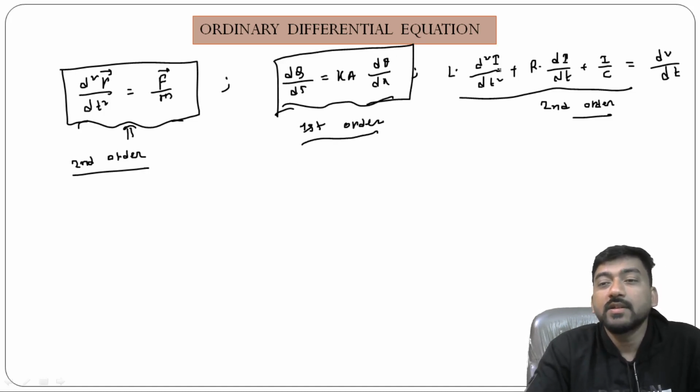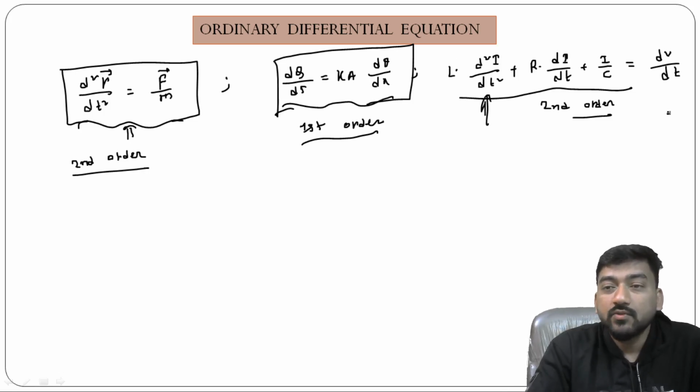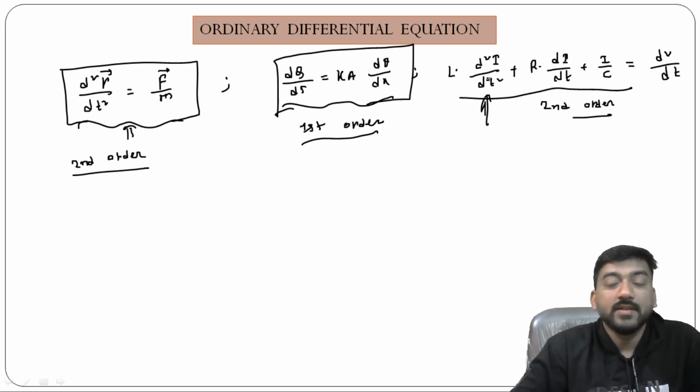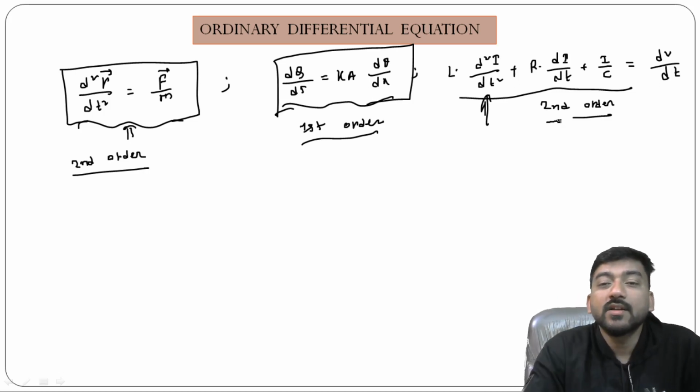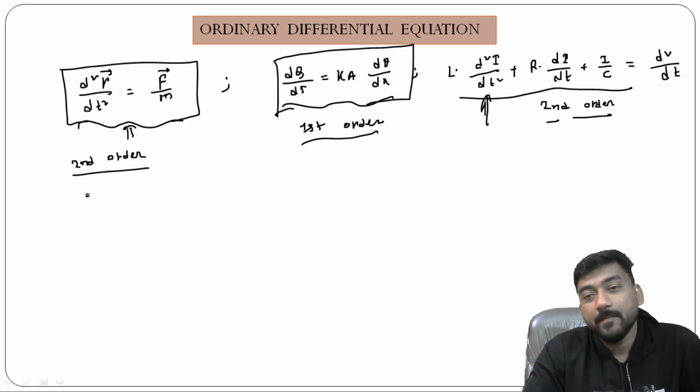And in the third there is first order as well as second order differentiation, so it is second order, because the order of the differential equation is decided by the highest order of differentiation involved. So here the highest order is second, here first, here second.